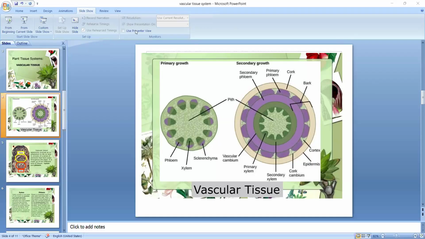Here C and D are conjoint, collateral, and closed type. So those not having the vascular cambium are called closed type of vascular bundles. Is the PPT visible? Is it clear?